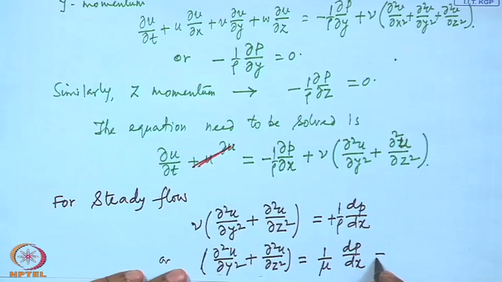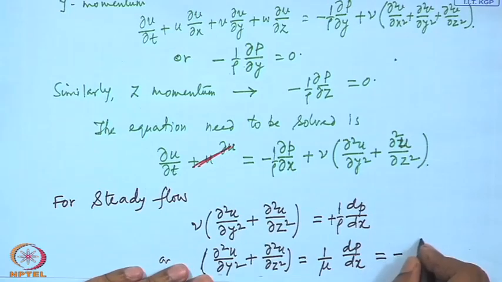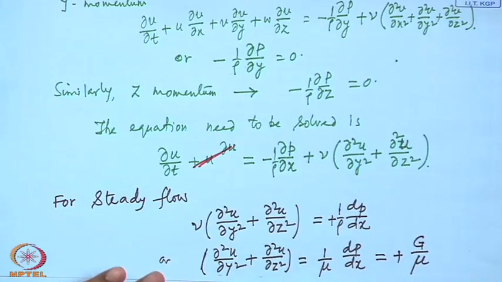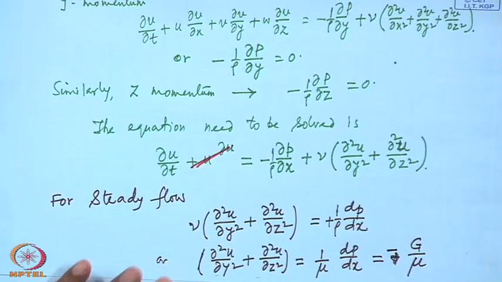So, we will write that constant as, no, let us make it minus, where g is minus dp dx, which will be a function of time for an unsteady flow, but for a steady flow it is a constant.